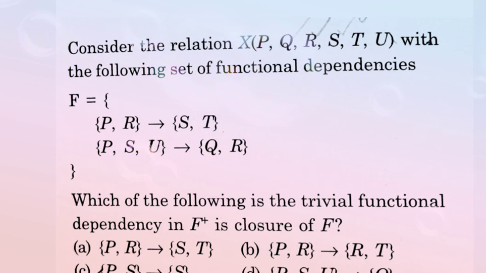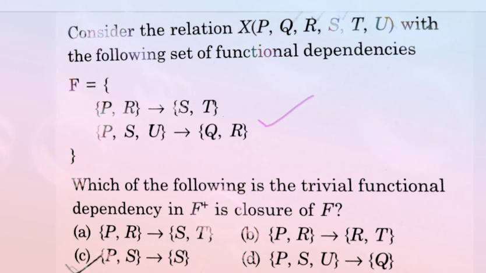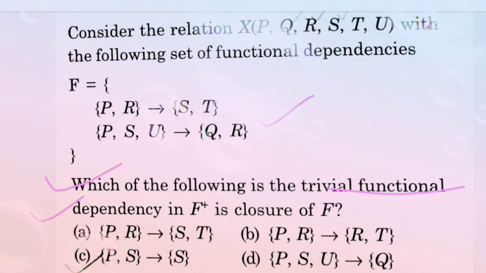Consider a relation X which contains P, Q, R, S, T, U with the following set of functional dependencies: P, R to S, T and P, S, U to Q, R. Which of the following trivial functional dependencies is in F closure?